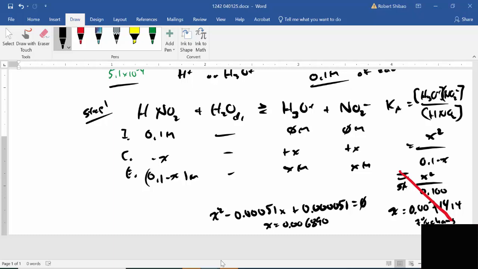With the simplifying assumption, we got 0.0071. Without the simplifying assumption and using the quadratic, we came out with 0.0068. So the simplifying assumption introduced quite a lot of error into the calculation, and that's because of the 7% change, which is quite big here.